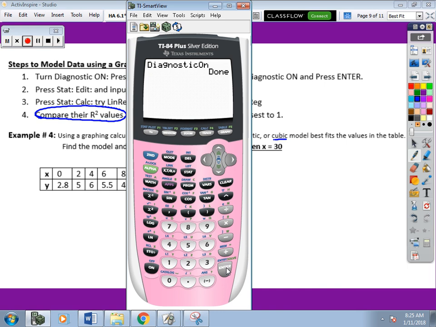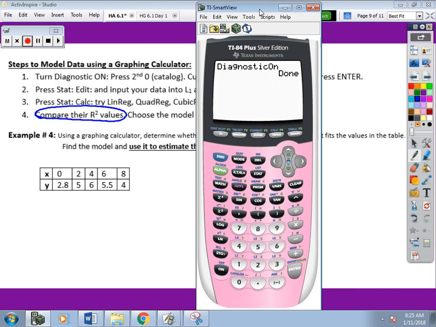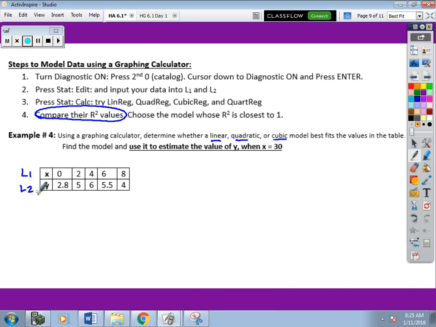All right, so to find our regressions, we're going to press Stat, Edit. My lists are cleared out. You may want to clear yours out. Remember, to clear them, you hover up to the top so it's highlighting L1. You hit the Clear button. Do not hit the Delete button. You still want to have those lists. And we're going to input this as our L1, and these values are our L2.